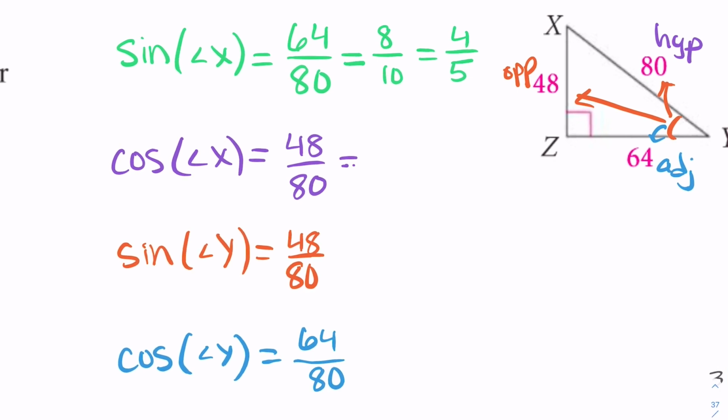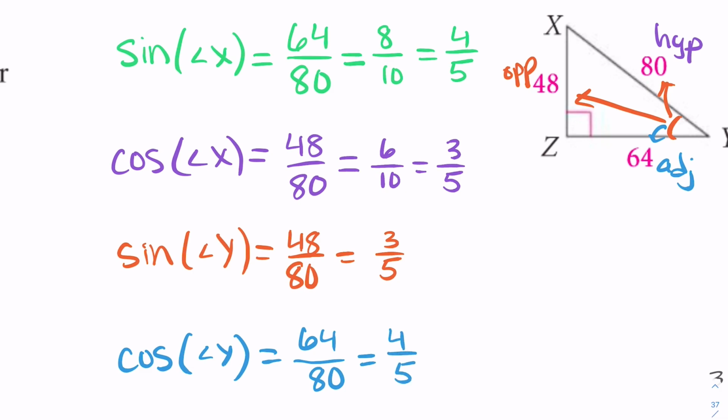And then cosine, let's see, 6 times 8 is 48. So I divide both by 8, I get 10 and 6, and I get 3/5? This one is going to be 3/5 because I already did the math for it, and I already did the math for the last one, which is 4/5.